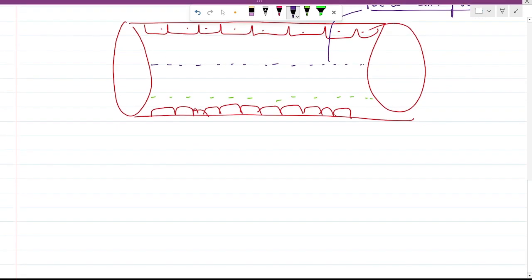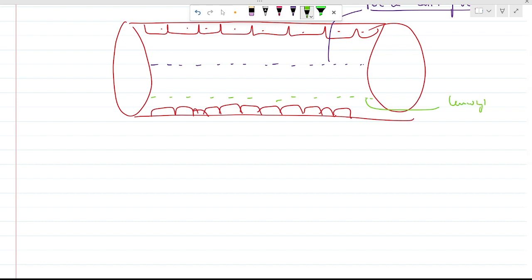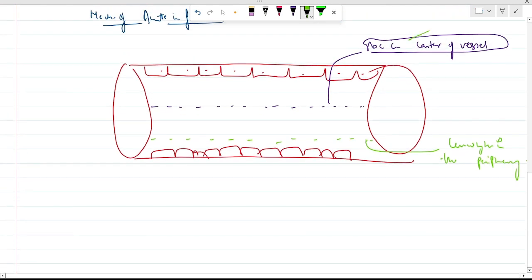Now in the periphery there are leukocytes. First important concept to understand: RBC in the center of the vessel pushes the leukocytes to the periphery.